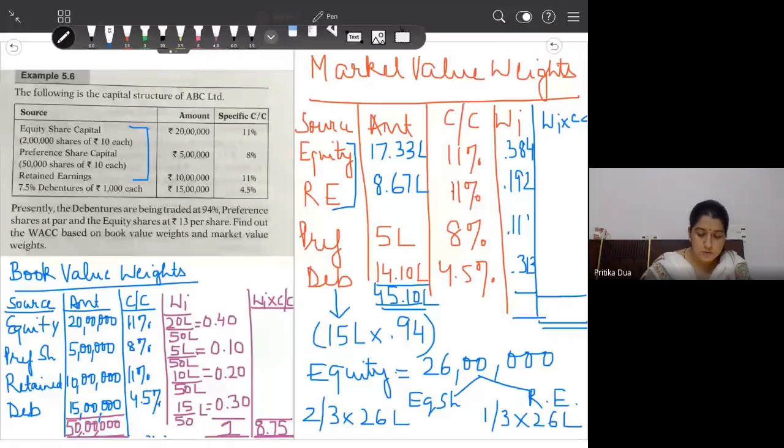So your total will come to 1. 8.63. I'll check the answer. 0.55. Answer is 8.63. Please check your decimal places in the solution. 8.63% is the final answer. Make sure you are rounding off up to 3 decimal places, and then you should get a total of 1 in the weights. This will give you the exact answer.